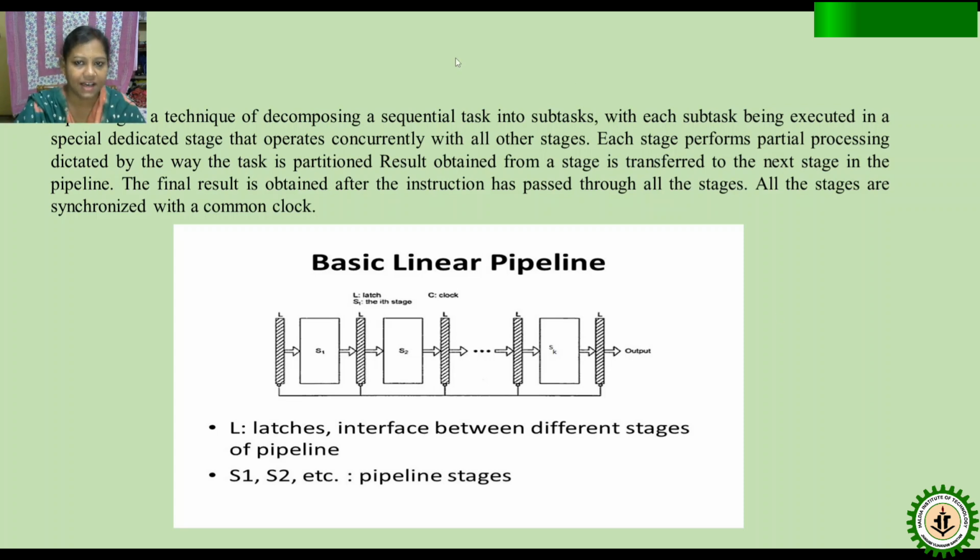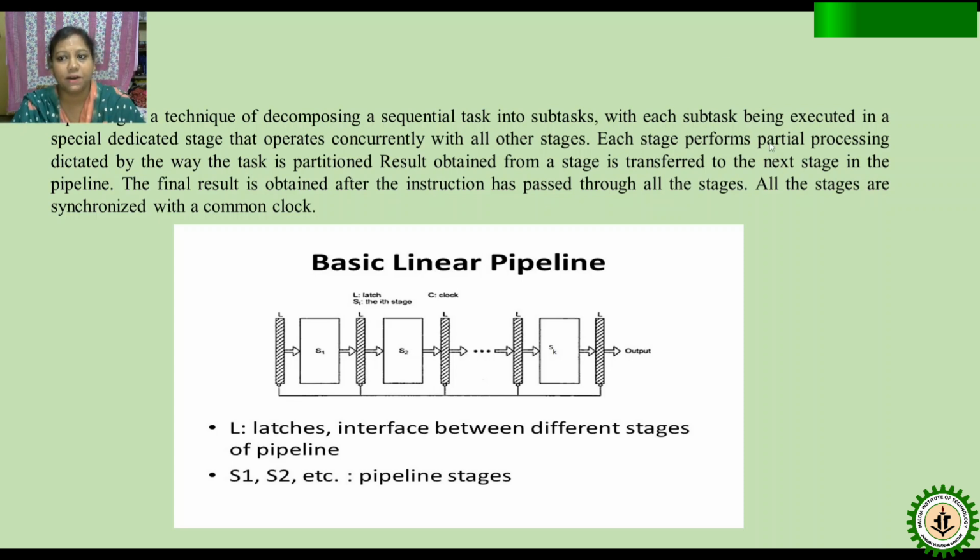So a task is first divided into different subtasks, and then each subtask is executed in a dedicated stage. Suppose S1 is addition, S2 is multiplication, similarly S4 is the logical operation. So different functional units hold the different stages.